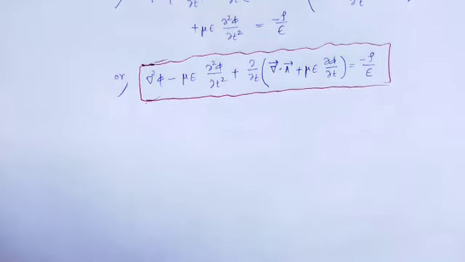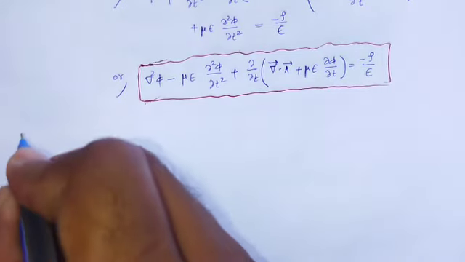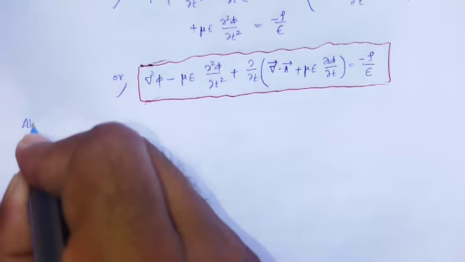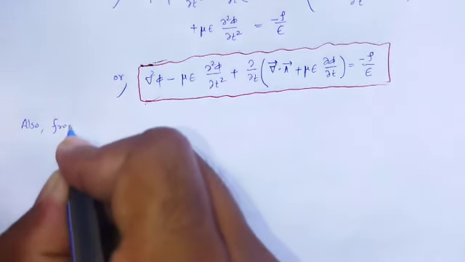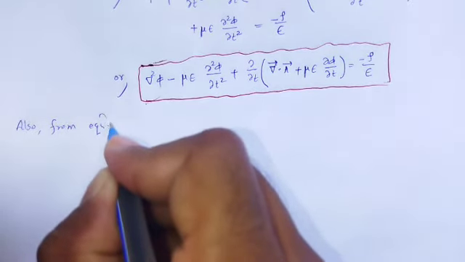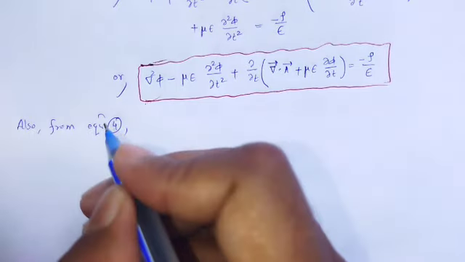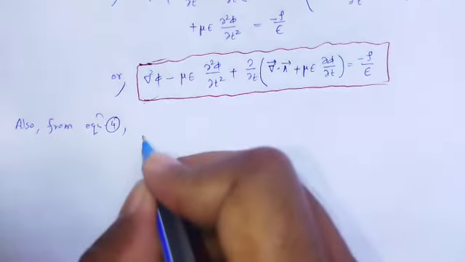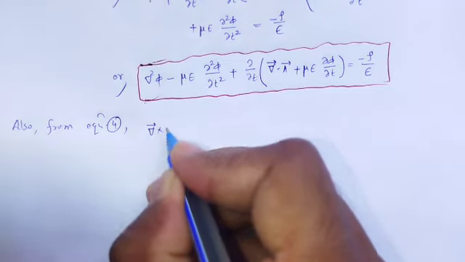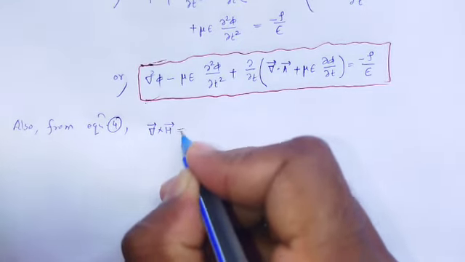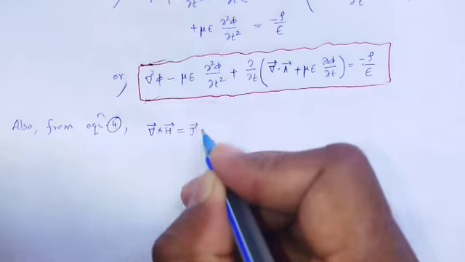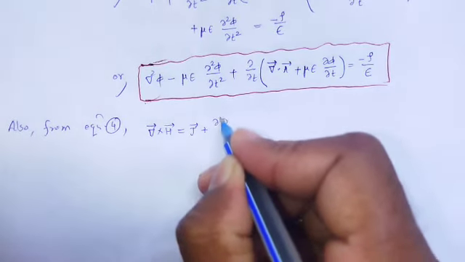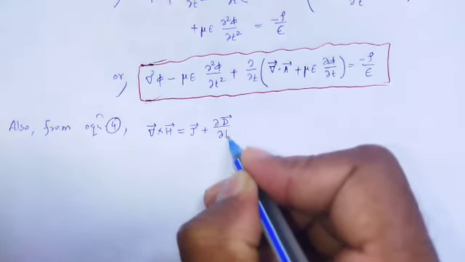Next, also from equation number 4, grad cross H is equal to J plus del D by del t.